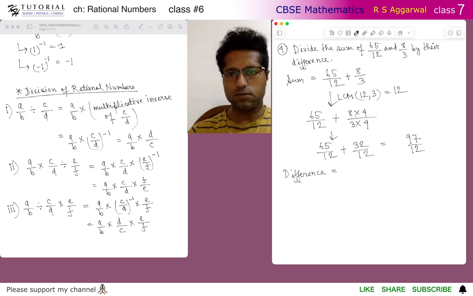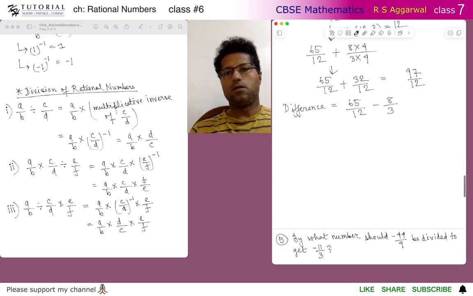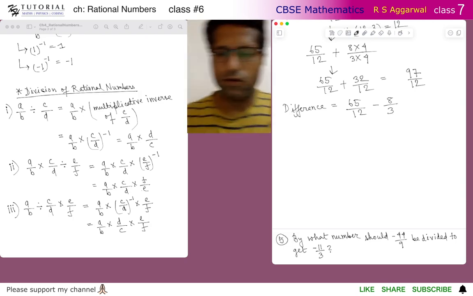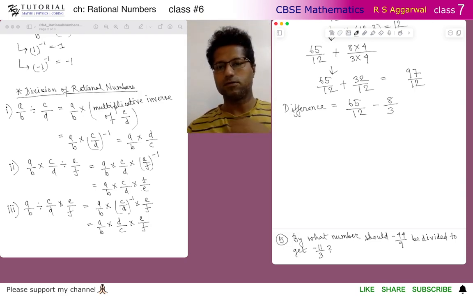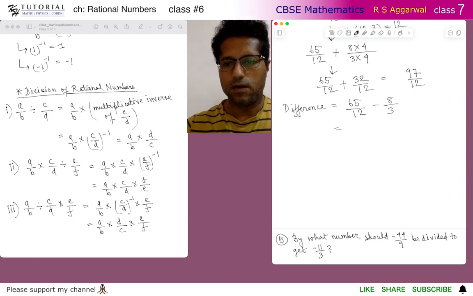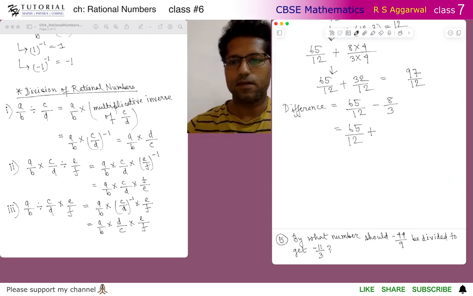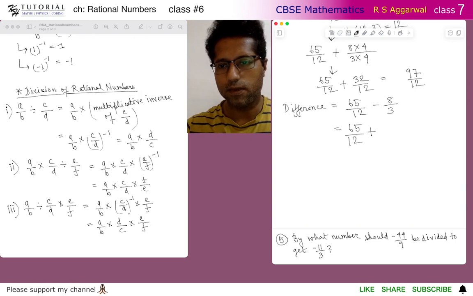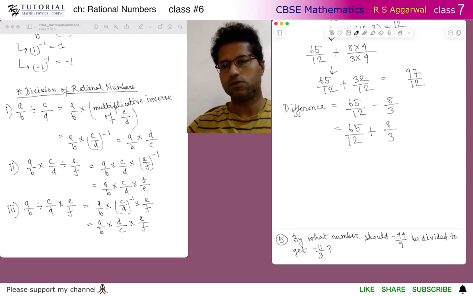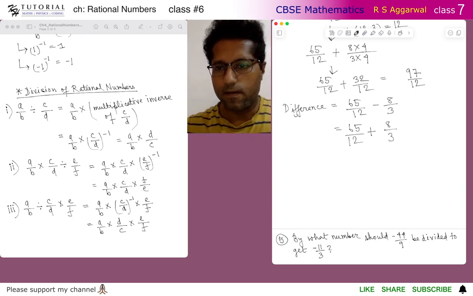The difference is 65 by 12 minus 8 by 3, and we know that when we subtract two rational numbers, we add the additive inverse of 8 by 3, that is minus 8 by 3.